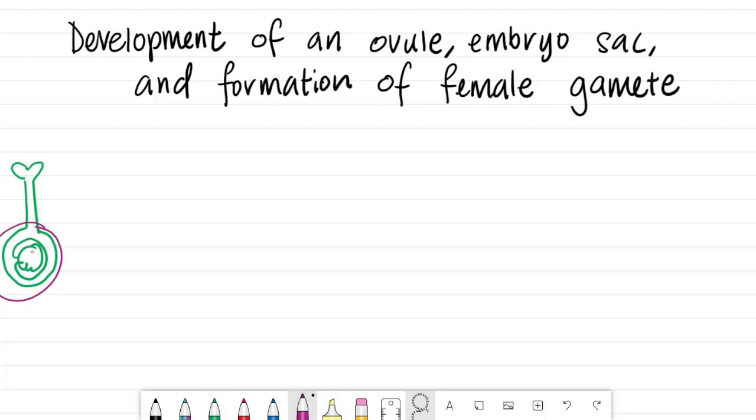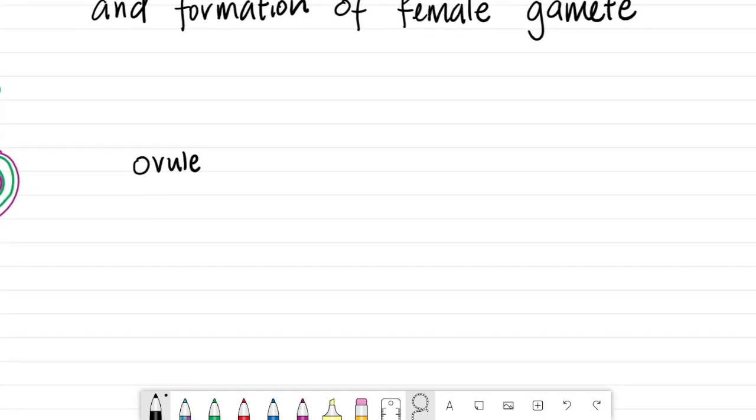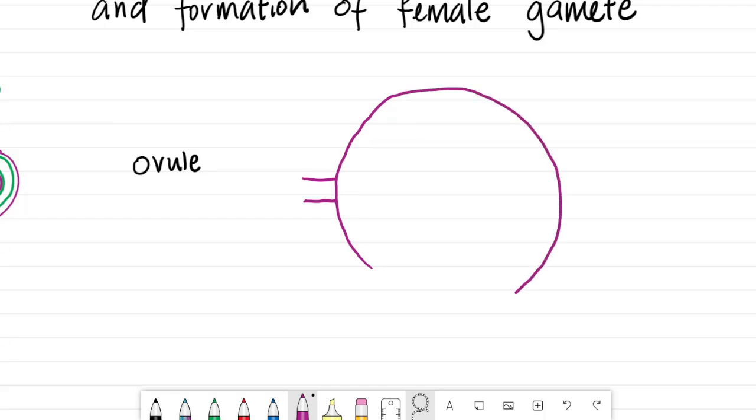So if we're looking at the entire carpel, we are going to be focusing on what is in here. So if we take out this part in the middle, we are going to have the ovule. So the ovule is here, and I'm going to do the drawing. We start with the part that kind of hangs on to the ovary wall, and we're going to do the integument layer.